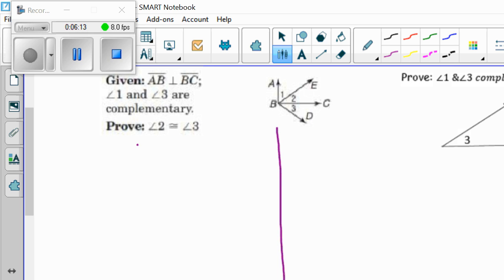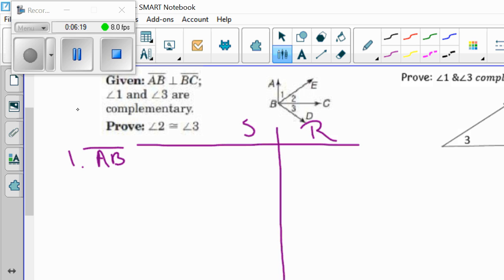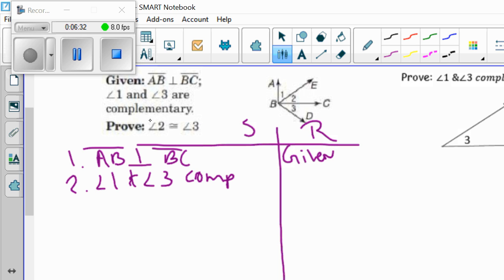So again, I need statements and reasons. So number 1, they give me line AB is perpendicular to line BC, given. They also tell me angle 1 and angle 3 are complementary, given.